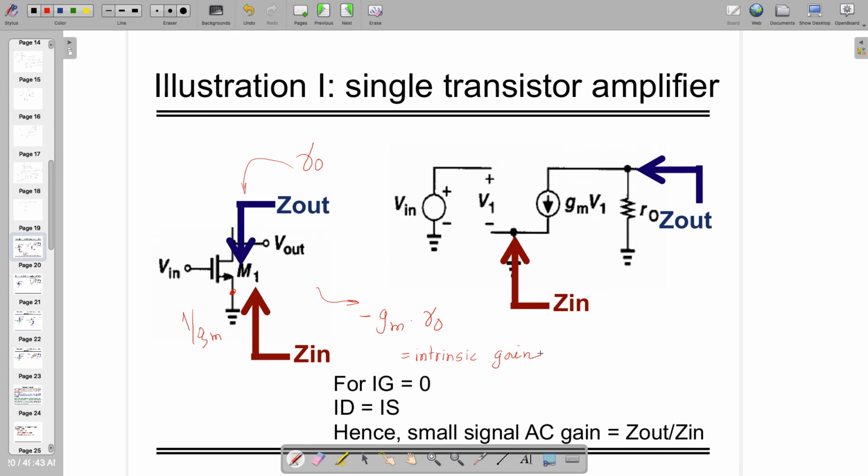You can change the model and the answer will be the same, because here it's R pi and R pi is not winning over GM, so you can approximate this quantity R pi in shunt with 1 by GM with R0 as 1 by GM, because R pi is much bigger than 1 by GM. So the same gain is coming, right?